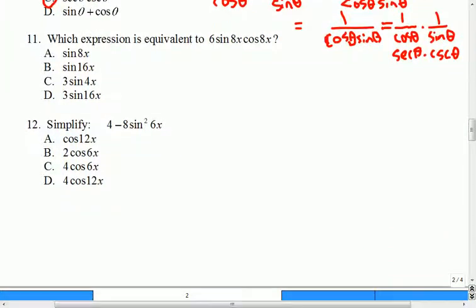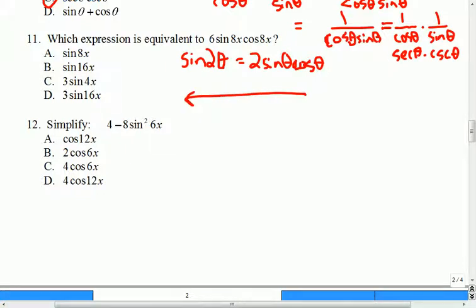We've talked about these ones as well. When we're moving back and forth, the pattern we're trying to match up to is from this identity. So we're going in this direction here. And what it says is the number in front is going to be halved.